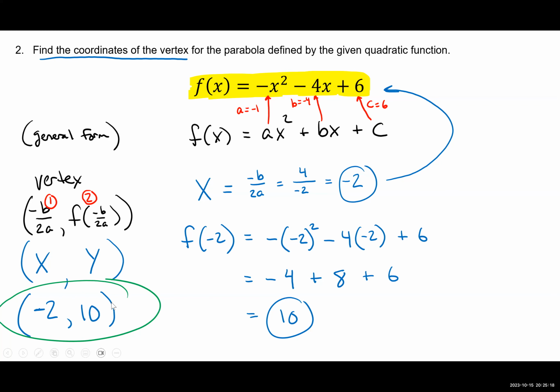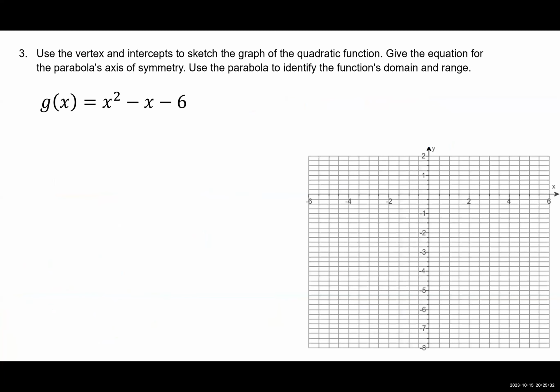Okay, so that is the vertex. You find the vertex one way if you have your function in standard form. You find your vertex a different way if you have your function in general form. Now we can talk about using that and extending that to the larger problem of making a graph.